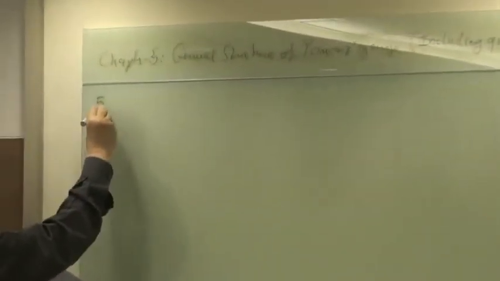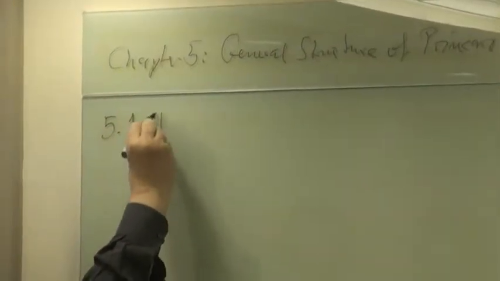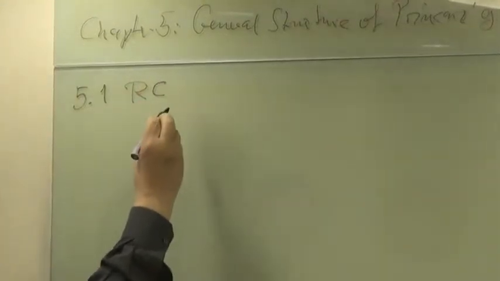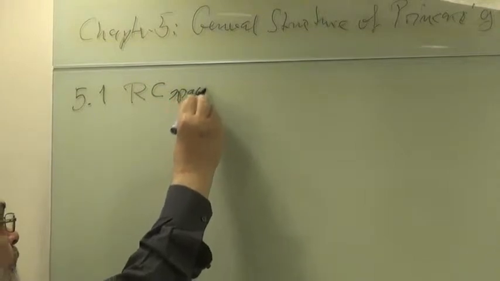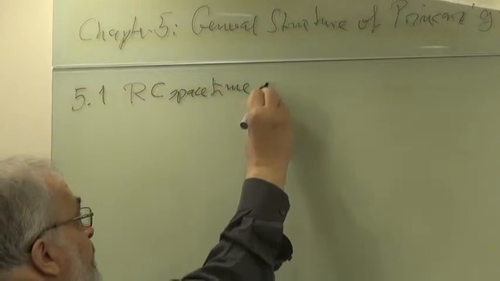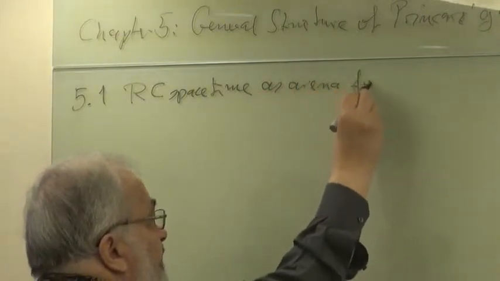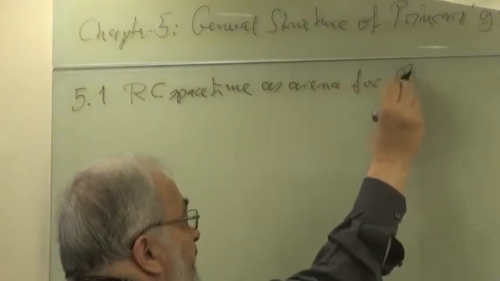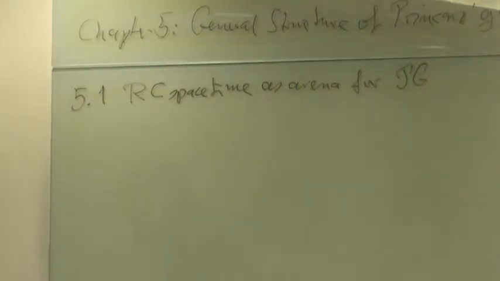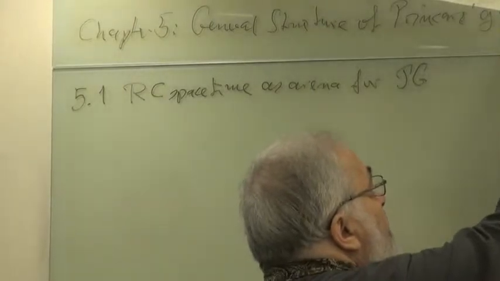In section 5.1, I just want to recapitulate the geometry, Riemann-Cartan space-time, RC, as arena for Poincaré gauge theory, which I abbreviate by PG.